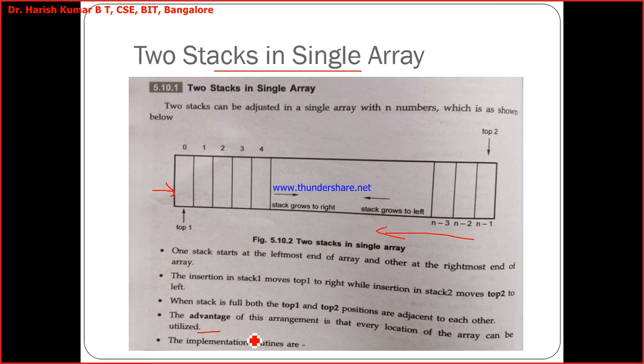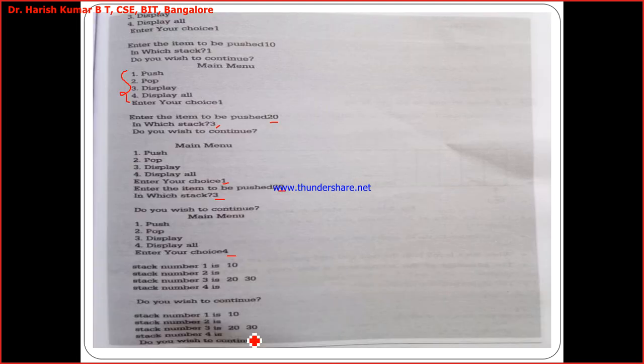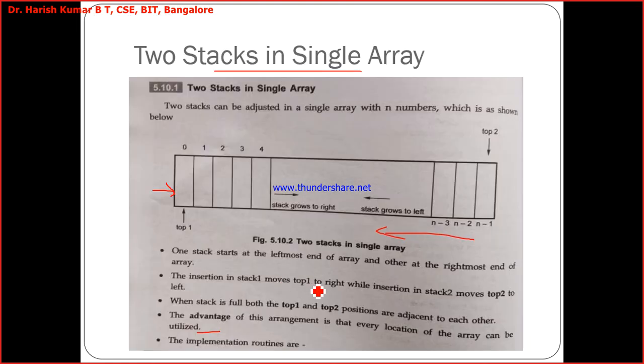But in the previous multiple stacks arrangement, say we inserted into stack 1 and stack 3, two elements, but stack 2 and stack 4 are still empty. This arrangement will efficiently make use of all the locations.